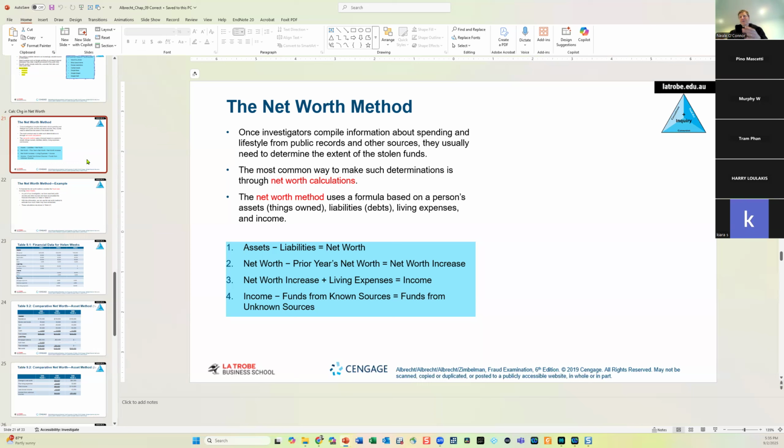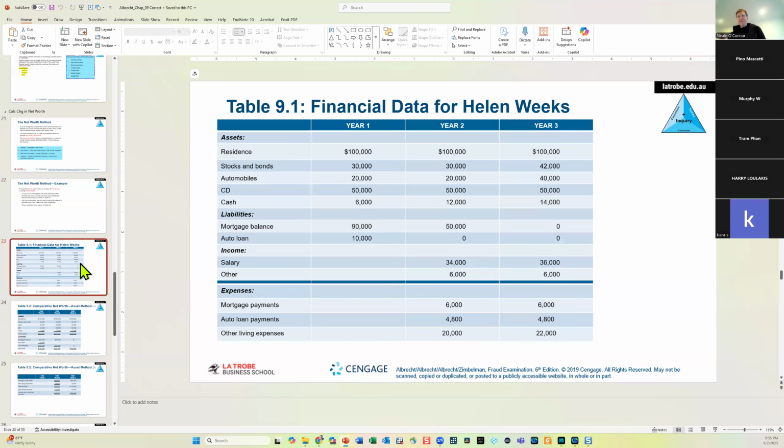And there's a formula in the textbook and how it's worked out. And here's the formula here. That's just something that you're going to have to work out. And so we can look at Helen Weeks and how her net worth changed from year 1 to year 2 to year 3. Then we can add all of this up: 130, 150, 200, 206. And then you've got 100,000 liabilities.